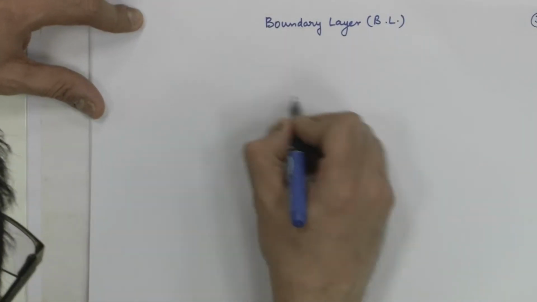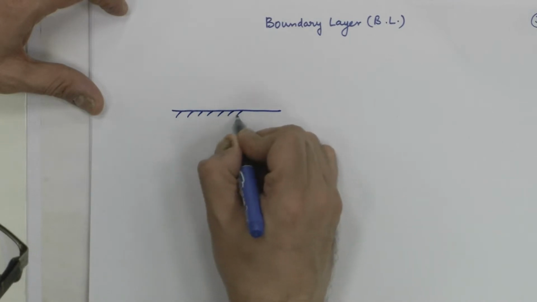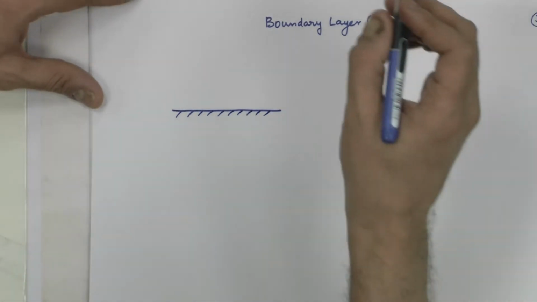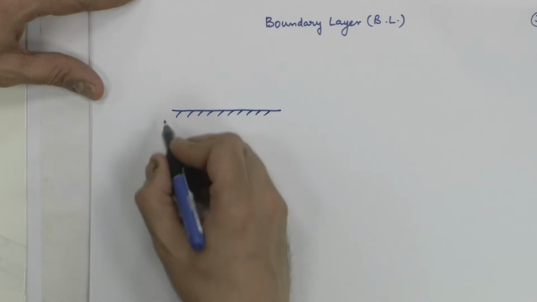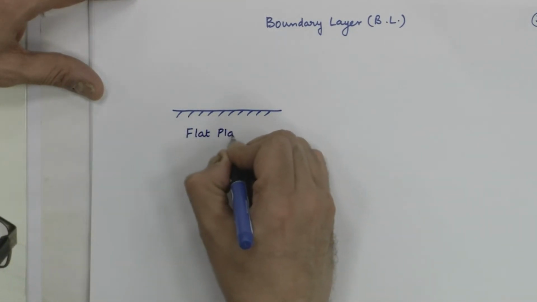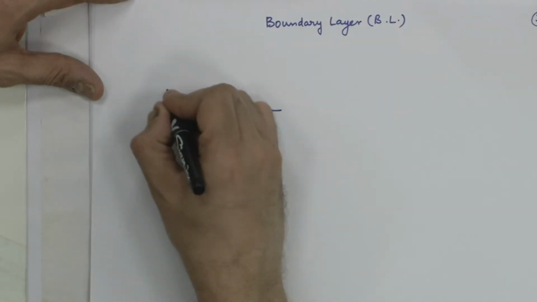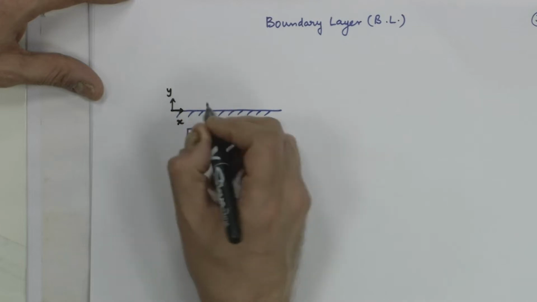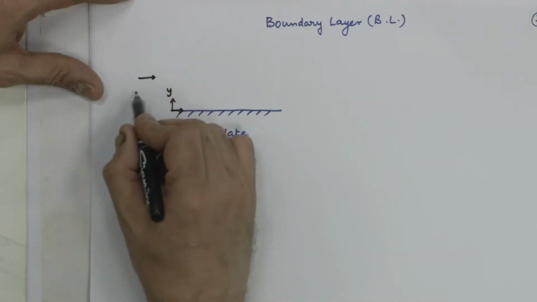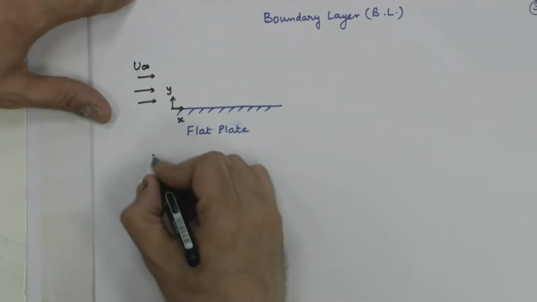Now, I want you to pay attention here and understand the terminologies, because this is very important in defining several terms. So, we will take the case of a flat plate, flow over a flat plate, and this is the coordinate direction. This is called the free stream velocity.